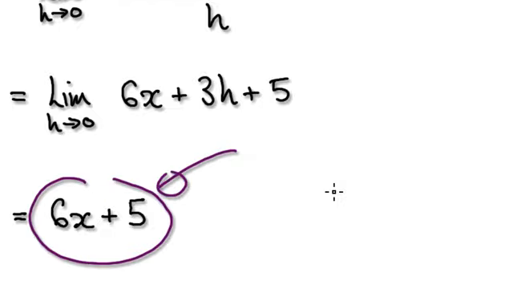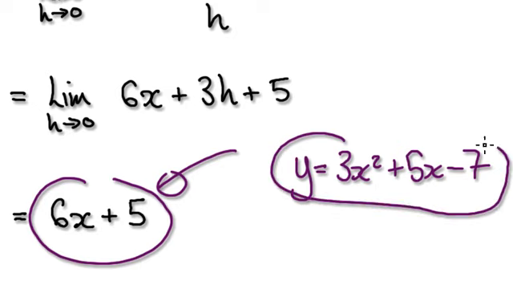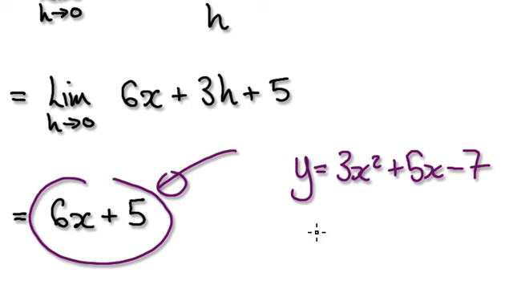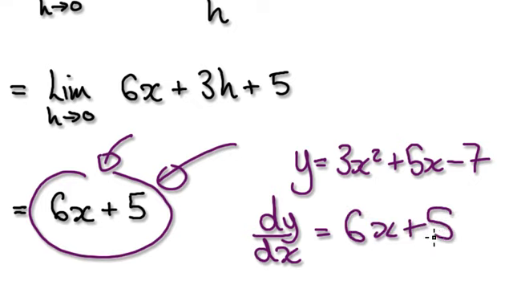Earlier I gave you y equals 3x squared plus 5x minus 7. This was our original question. But when we got to this stage, you can write dy by dx equals 6x plus 5.